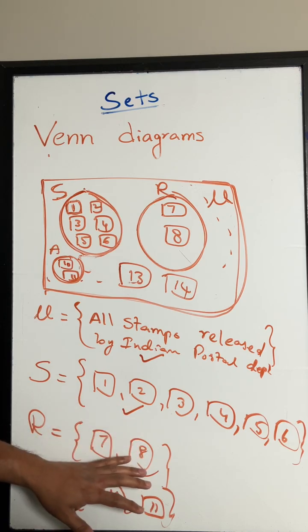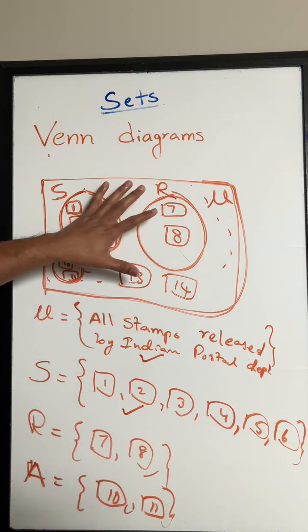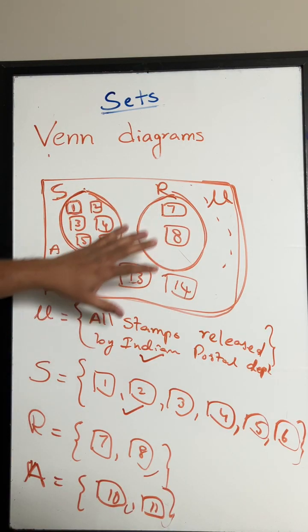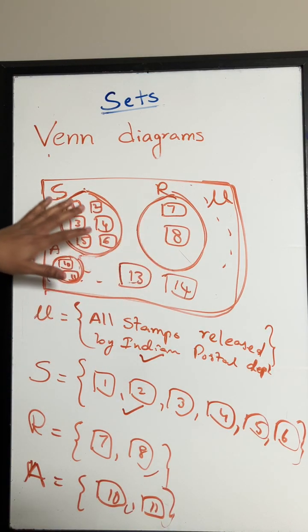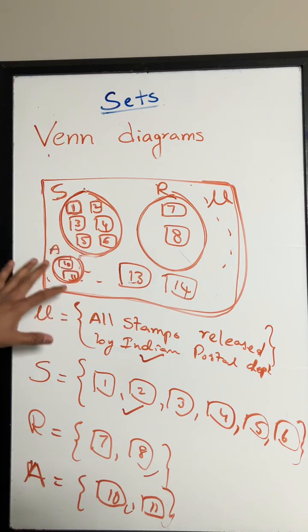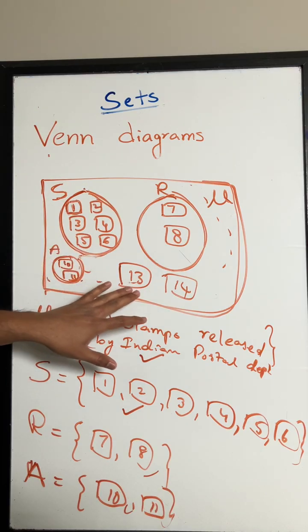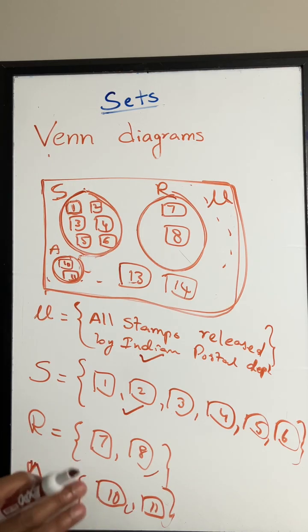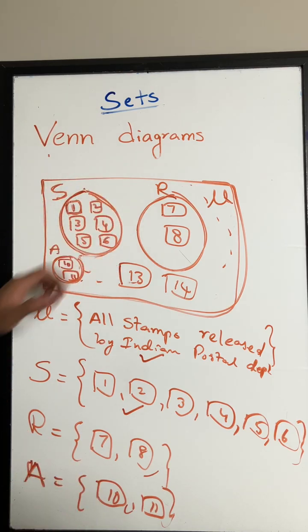It will process, but it will take some time. But look at this diagram. By looking at this diagram itself, you get a picture: oh, Ranga is holding 7 and 8, and S is holding 1 2 3 4 5 6. Ashwini, 10 and 11. And 13 and 14, nobody holds them. Okay, good, I get it. That's the reason we go with diagrams. Pictorial form is easy; our brain will easily process it in less time. That's the reason we go with the Venn diagrams.